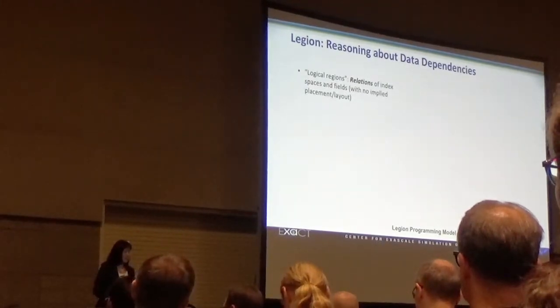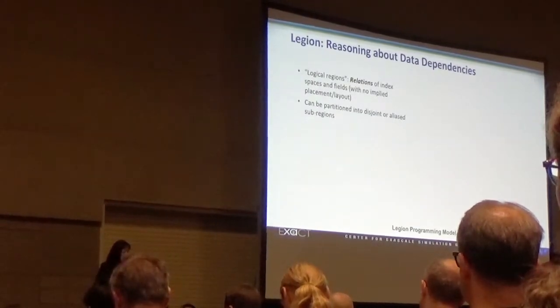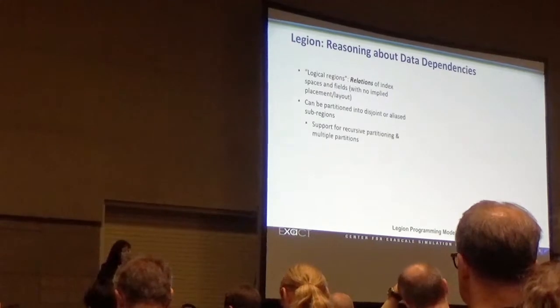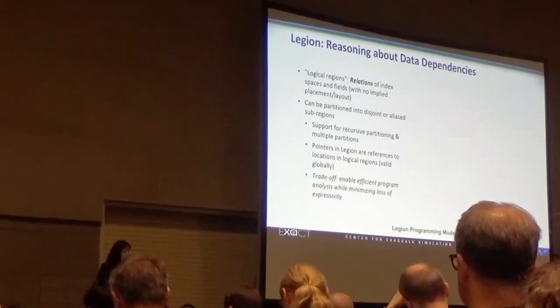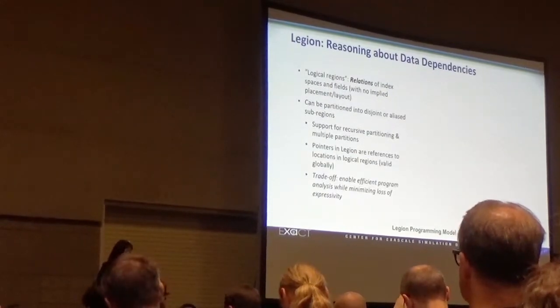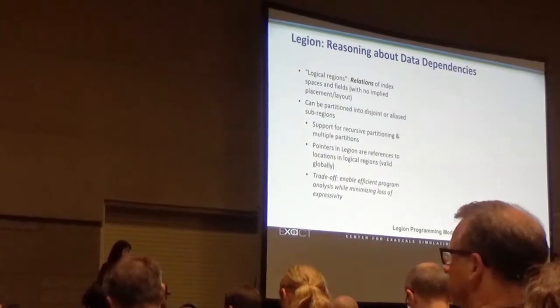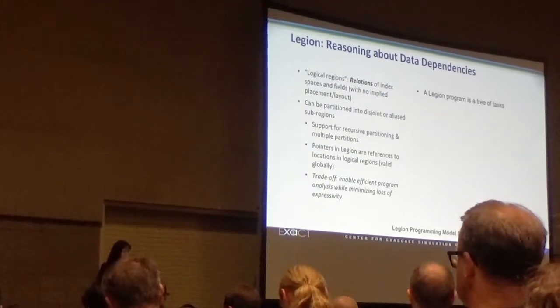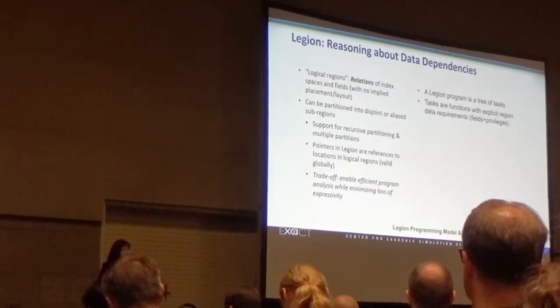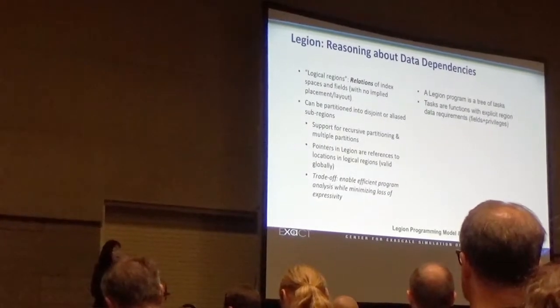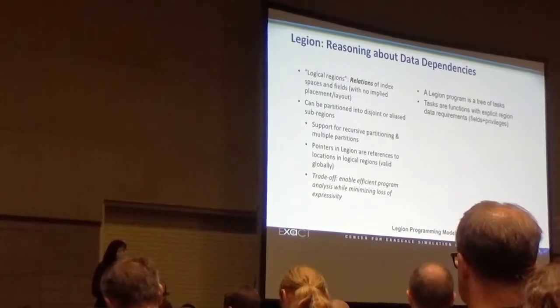They don't instantiate the data, and there is no implied placement or layout of data, and then these data can be partitioned into disjoint or aliased subregions. These regions can be recursively partitioned, for example, in an AMR code. And then the Legion program is a tree of tasks. The tasks are functions that have explicit region data requirements.